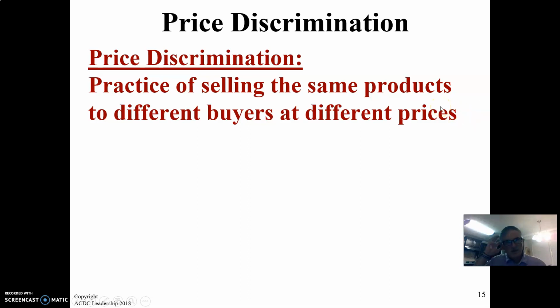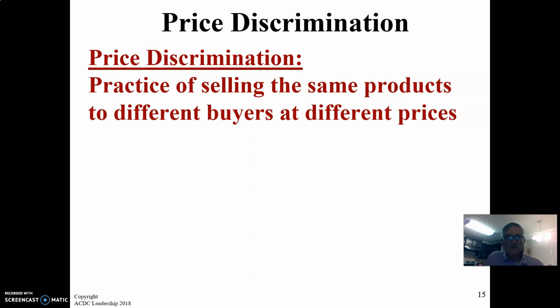So price discrimination, just what you probably think it is, is the practice of selling the product to different buyers at different prices. In other words, I can charge the person that's willing to pay $15 $15. I can charge the next person that's willing to pay $12 $12, and I can discriminate based on some set of criteria.